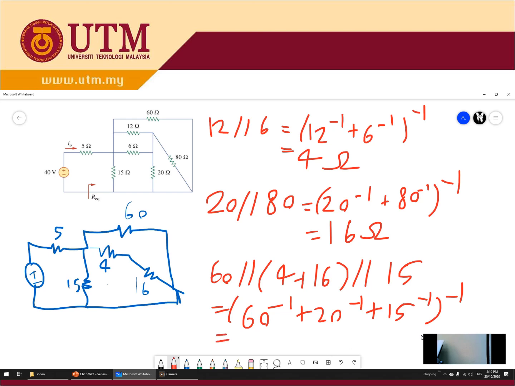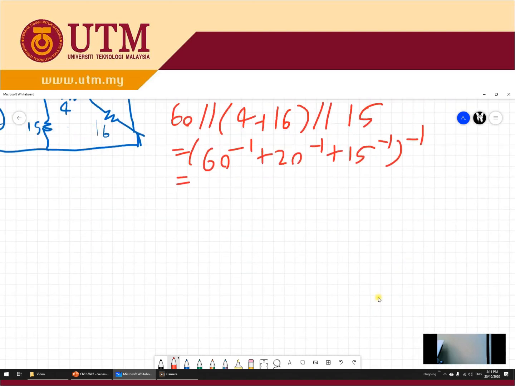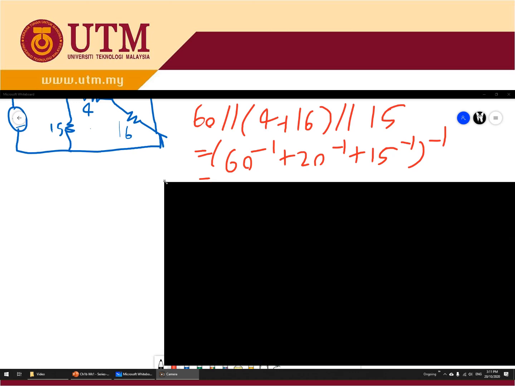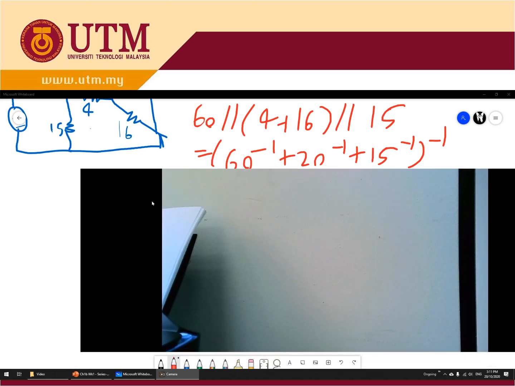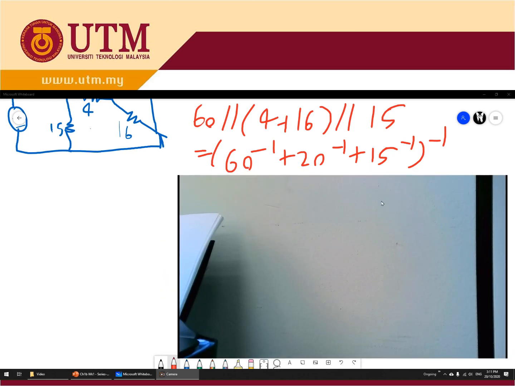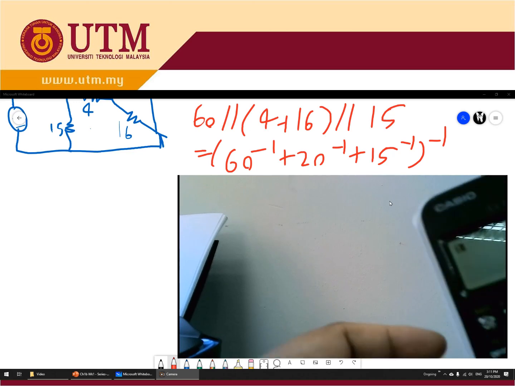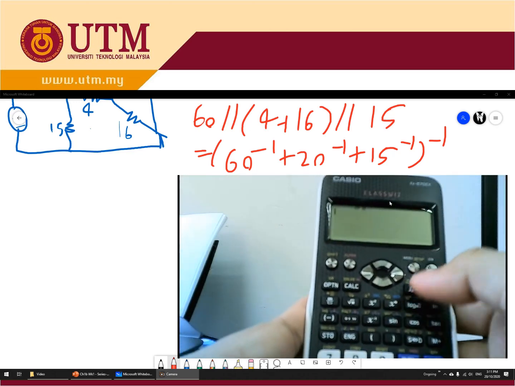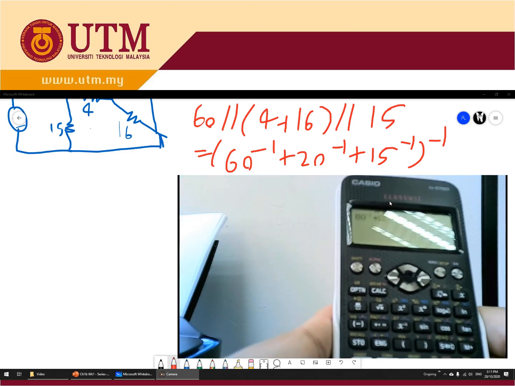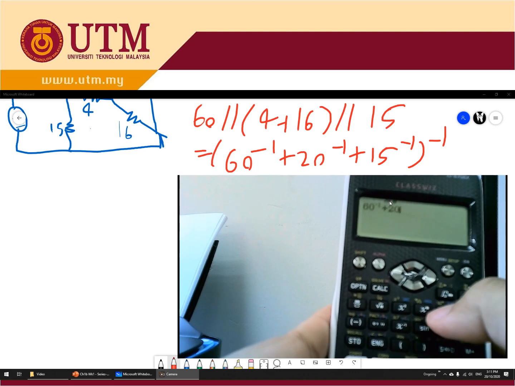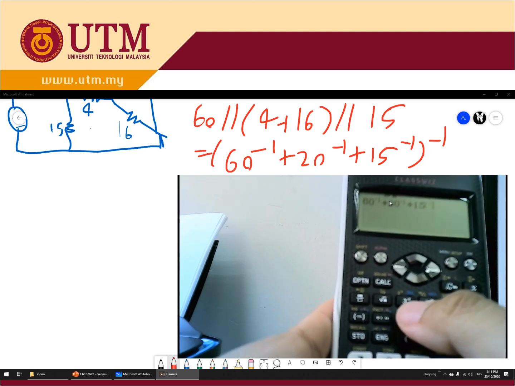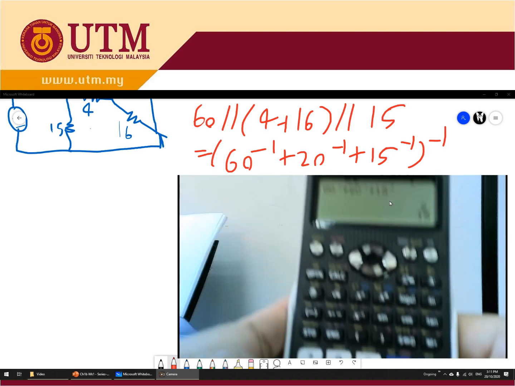So 60 reciprocal plus 20 reciprocal plus 15 reciprocal, then equals to.